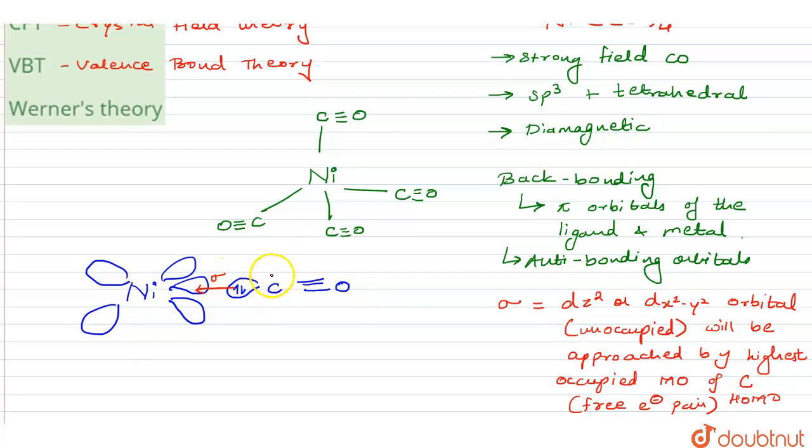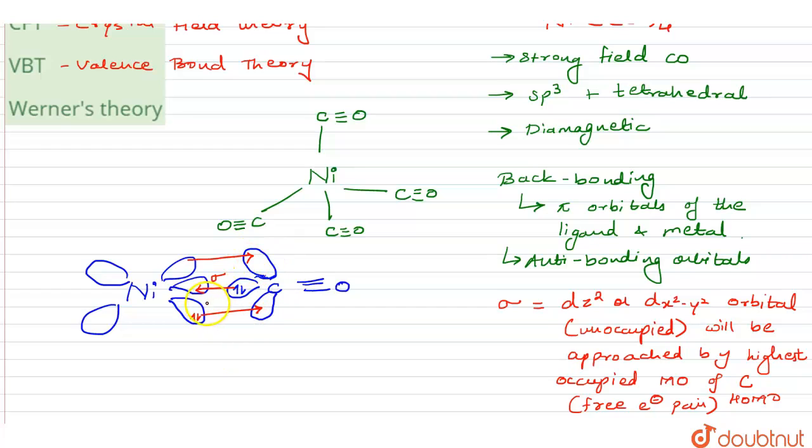Now, a different case is going to arise when we have the interaction of the occupied orbitals of our metal with the unoccupied orbitals of the ligand.